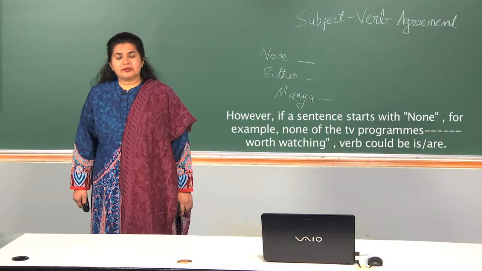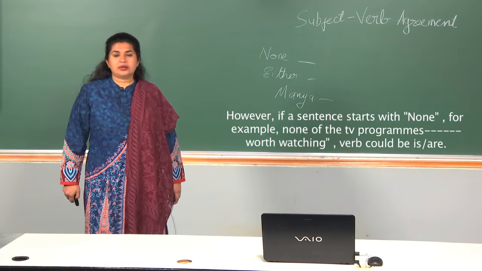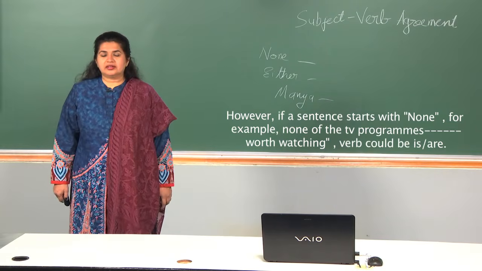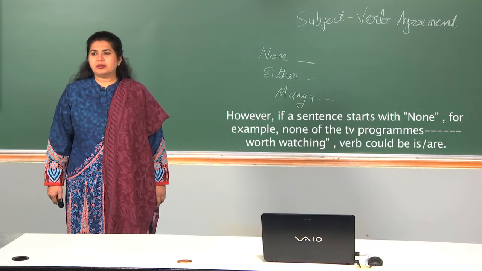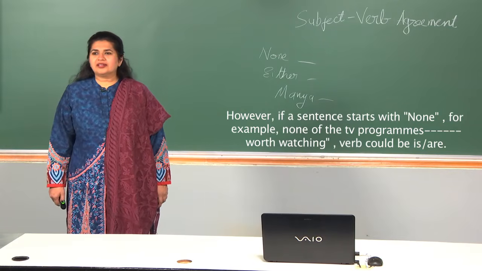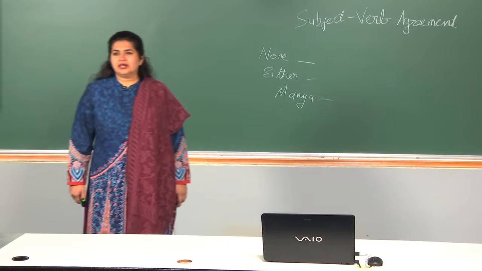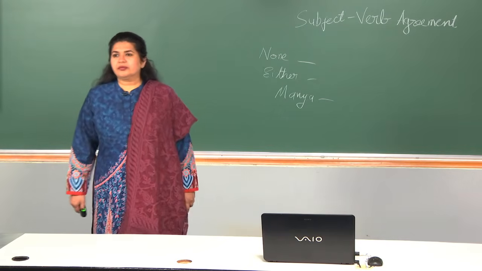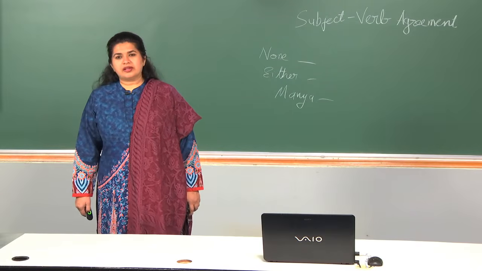This is a rule. I repeat, sentences that begin with each, everyone, either, neither, many a are followed by a singular verb. If a sentence has a singular subject, it is followed by a singular verb, and if it has a plural subject, it is followed by a plural verb.